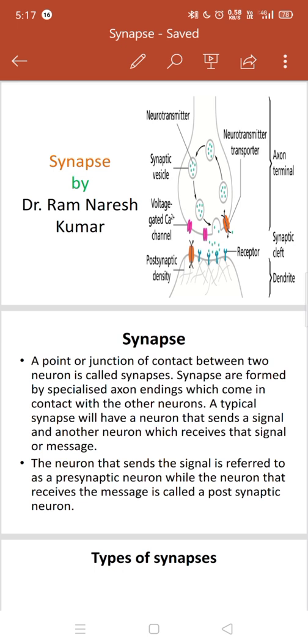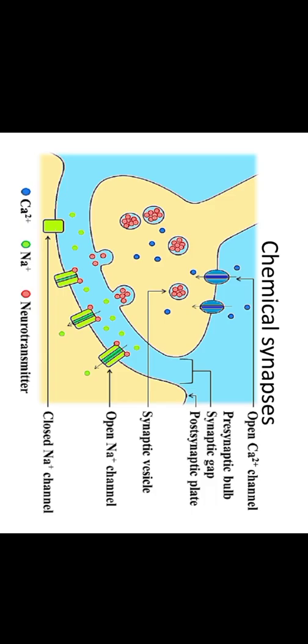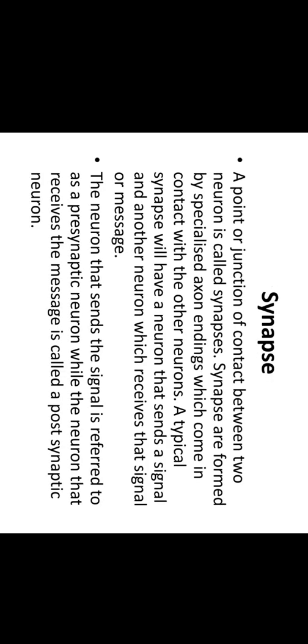Synapse is a point or junction of contact between two neurons.